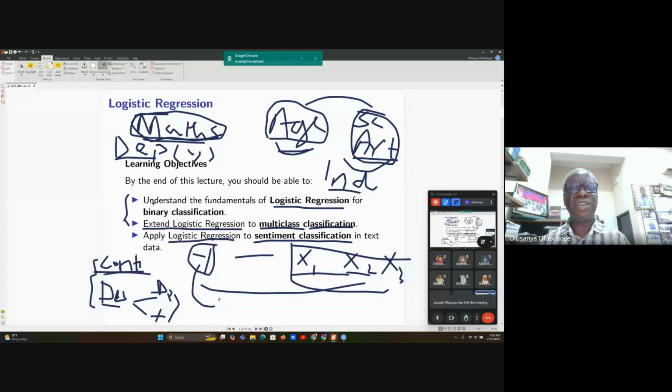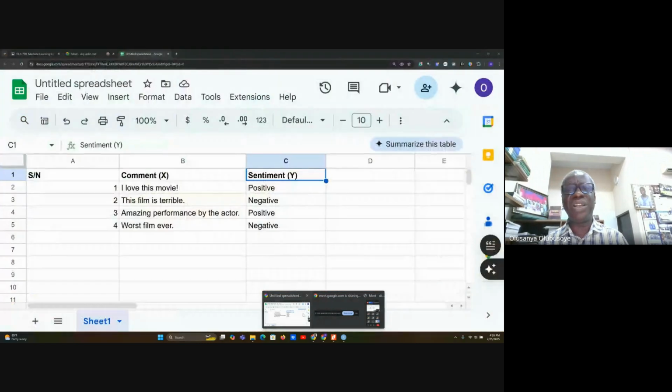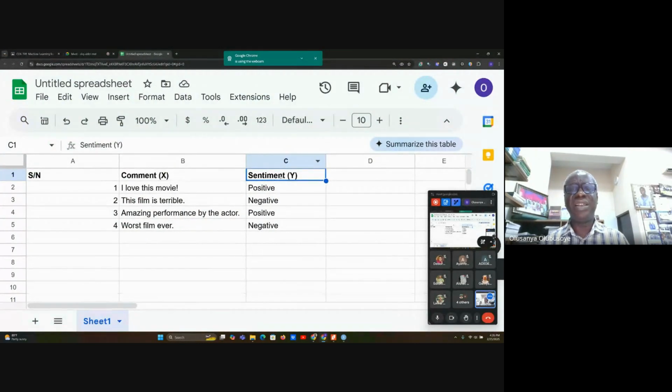So first, I will try to make you understand the fundamentals of logistic regression for binary classification. Then show you how we can extend this logistic regression to a situation when the categories are more than 2.